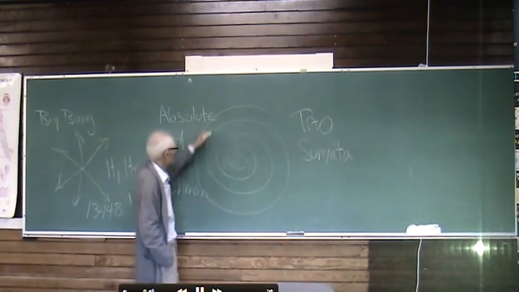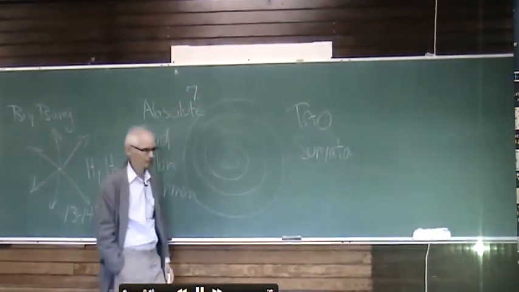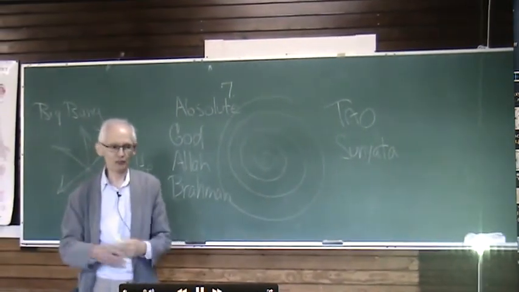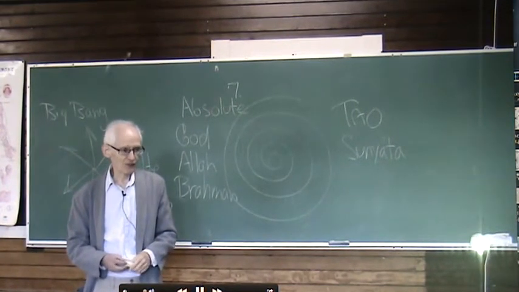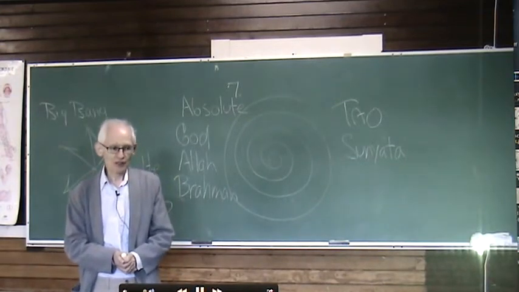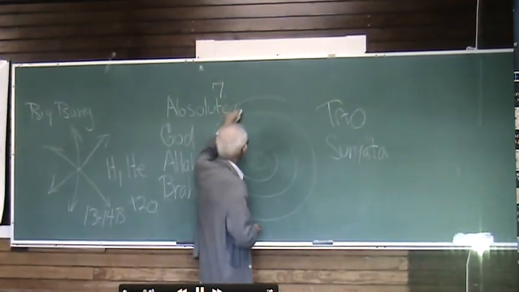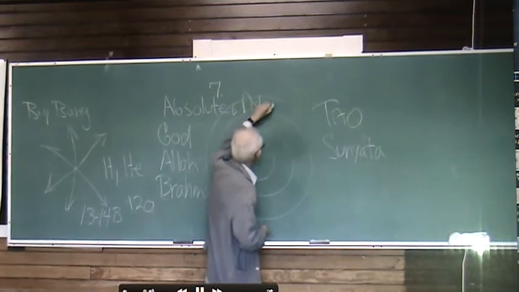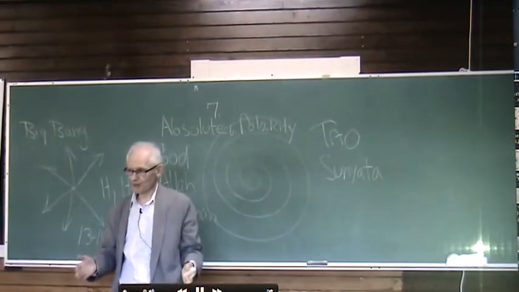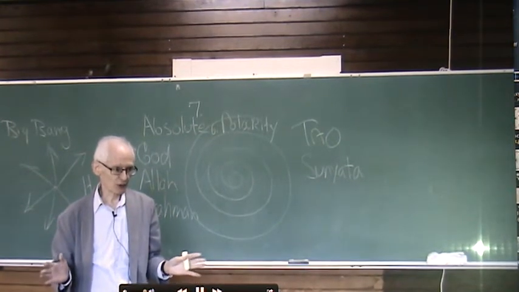So in some ways you might say that's the 7th level. Then out of this mysterious ultimate reality, the first manifestation is what we call polarity. We might label that as 6. Now, what is polarity? Polarity means two-ness, or poles.